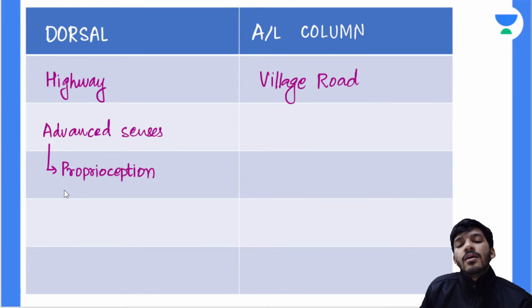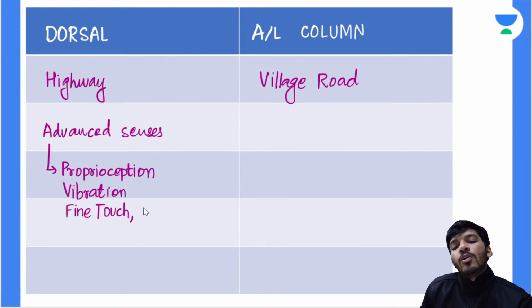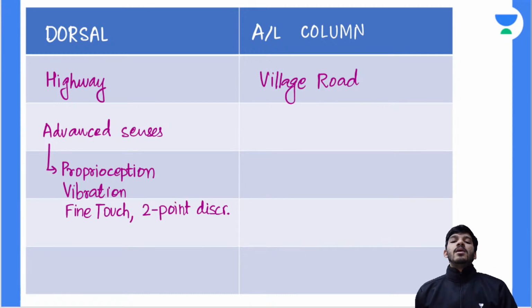Then vibration, fine touch, and also 2-point discrimination. Now you will say, is touch carried by the dorsal column? There are two types of touch: crude touch and fine touch. Fine touch is carried by the dorsal column, crude touch is carried by the anterolateral column.